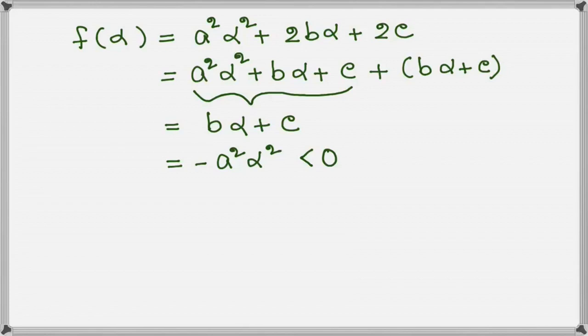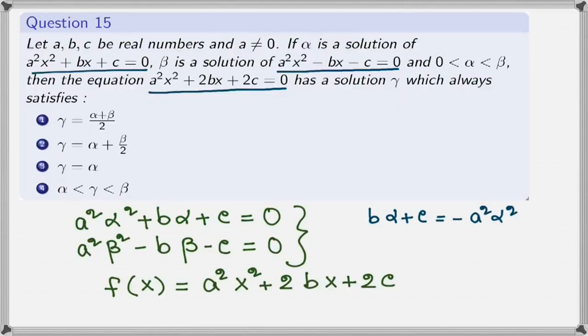So we can conclude that alpha is not a solution of the third quadratic equation. So therefore, if we call a solution of the third quadratic equation gamma, then gamma is not equal to alpha. That is, the third option, gamma is equal to alpha, is not correct.